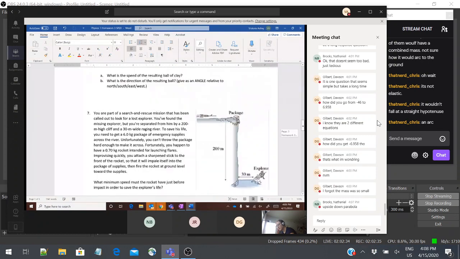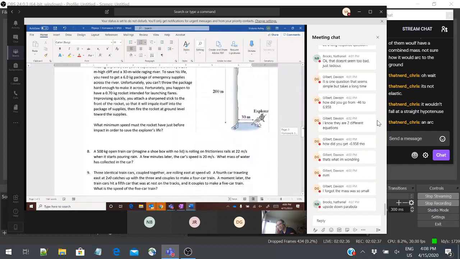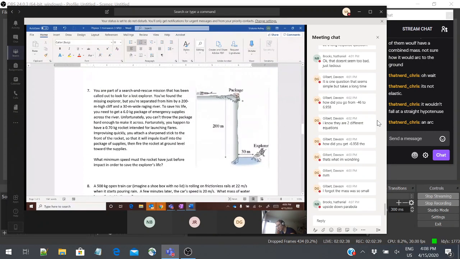In order for it to reach the explorer, if its initial velocity is too short, it'll fall short. If it's too high, it'll go over. So too high is fine. You need a minimum speed. The minimum speed is where the parabola just reaches this guy. So this is like projectile motion.